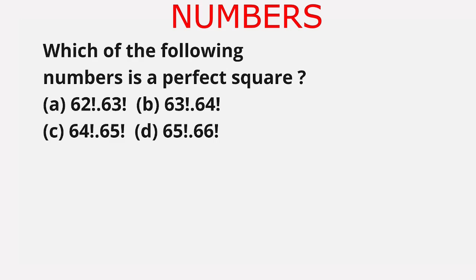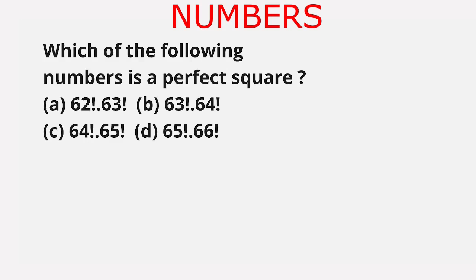Here 64 is a perfect square, but 65 is not a perfect square. So C can be one of the numbers which can be a perfect square. And D, 65 factorial and 66 factorial, both 65 and 66 are not perfect square. So this cannot be the answer.